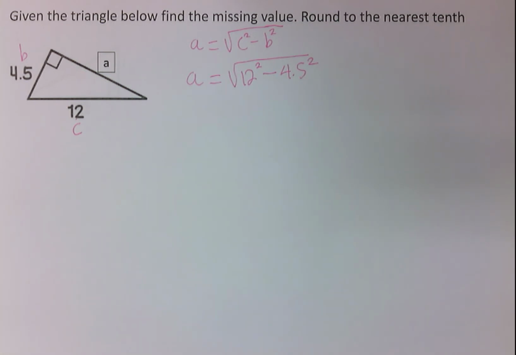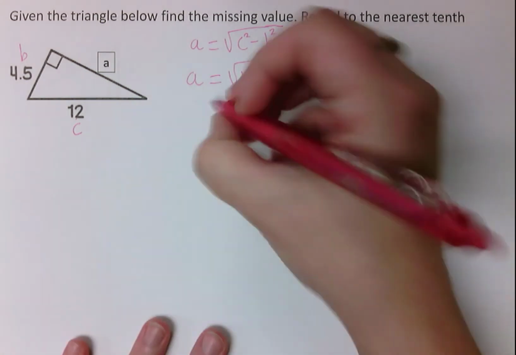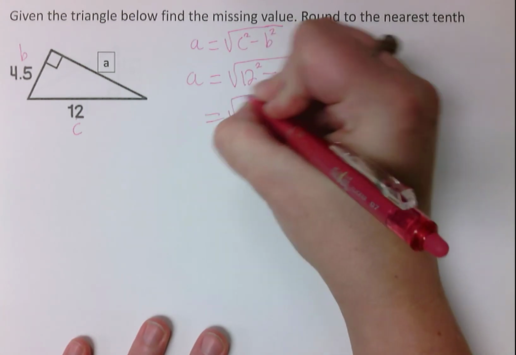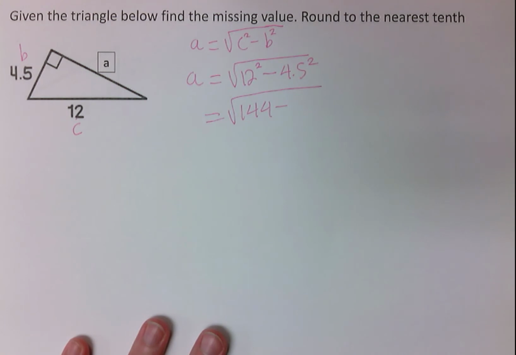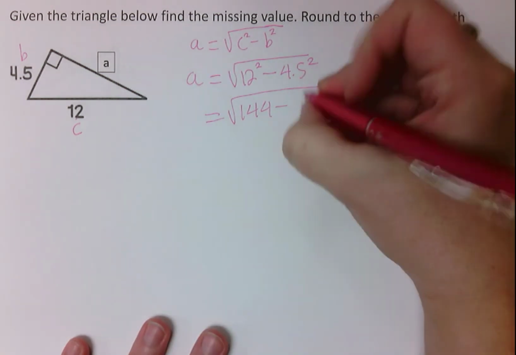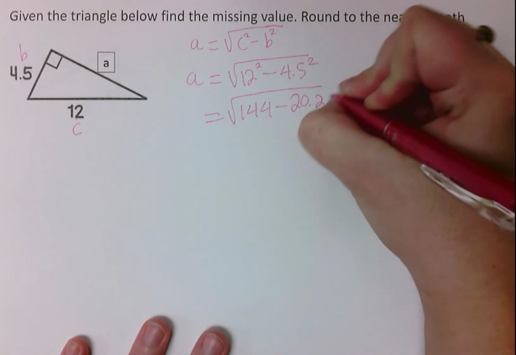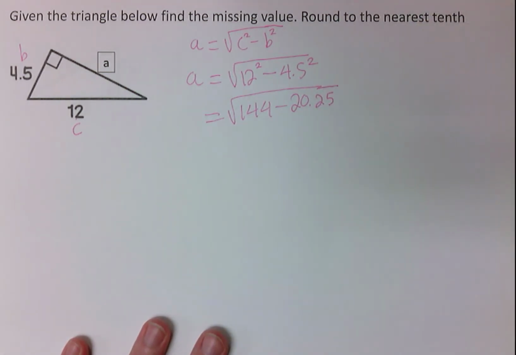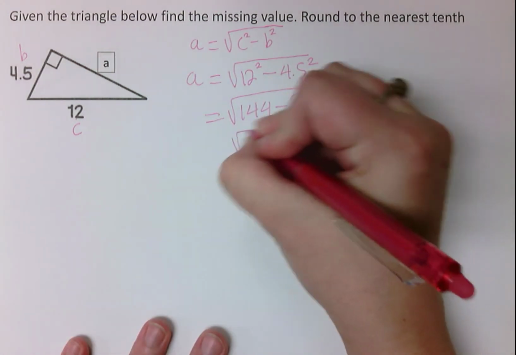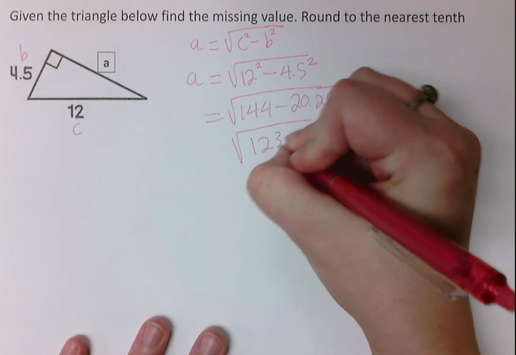All right, 12 squared is 144. And 4.5 squared is 20.25. And if I take 144 minus 20.25, I get 123.75.